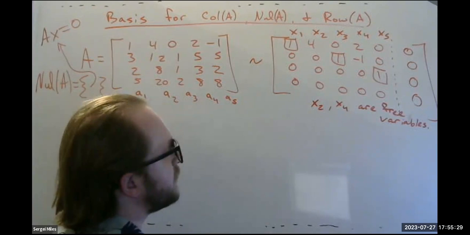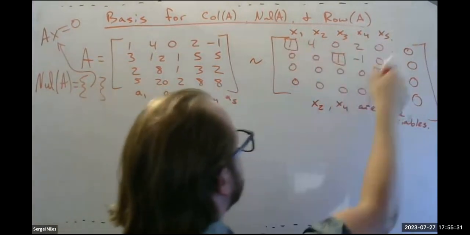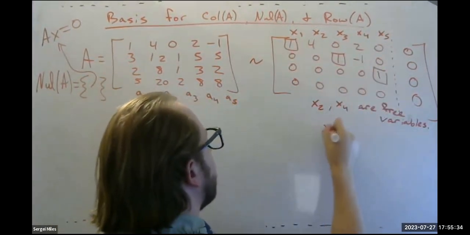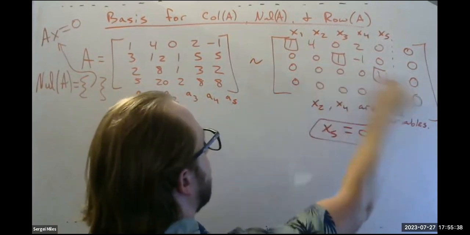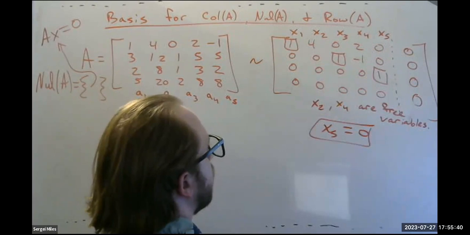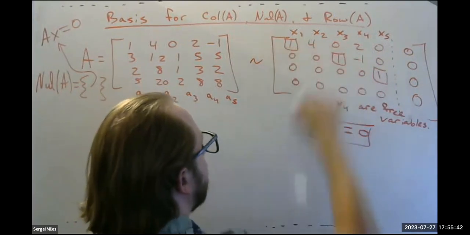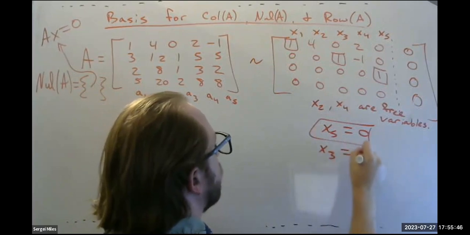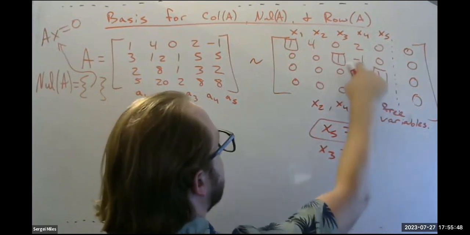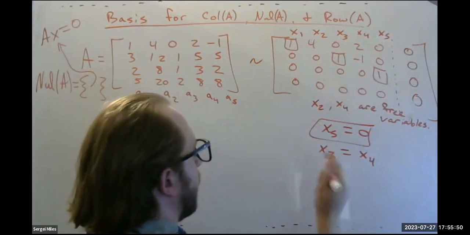Remember that from past sections? Okay, so now what's the rest? How about x5? x5 equals 0. We get that from the third row. Okay, great. What about the second row? This says x3 equals x4 if I add this over.